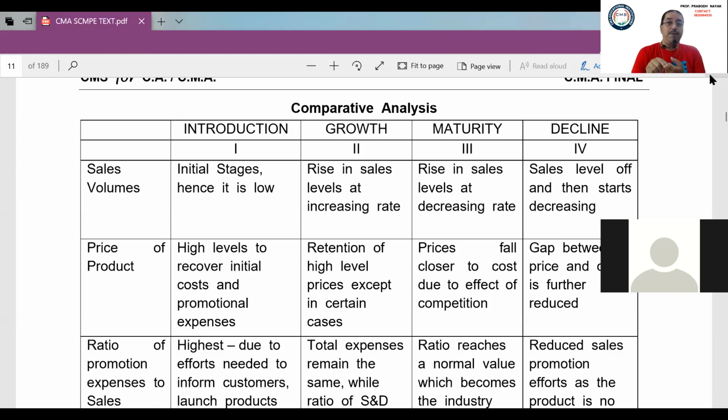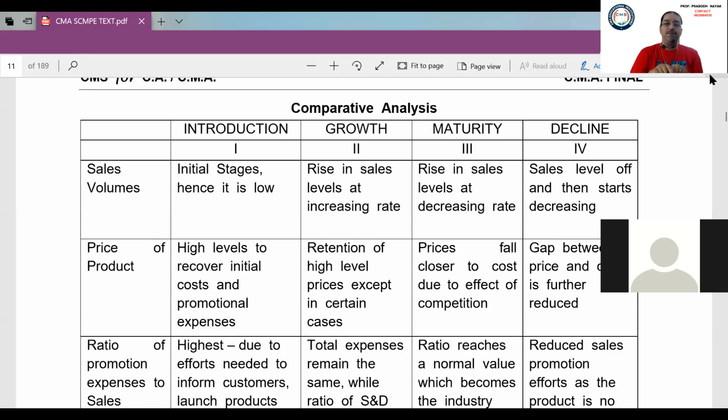Now, what is the logic behind charging a very high price? Because I have incurred a lot of expenses on research and development, on promotional expenses, advertisement. I have to recover that now. So initially, I will charge a very high price. Then as I expand my market, and more and more consumers start buying my product, I slowly reduce my price.